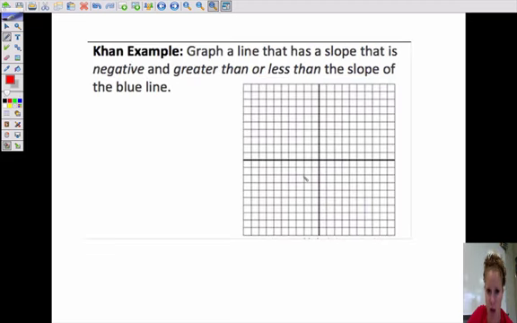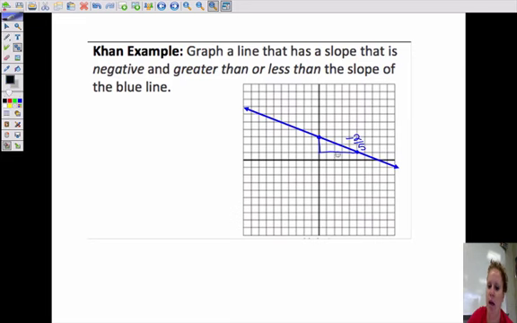It's a little trickier when you have a slope that's negative. So let's start with a blue line, and it's negative. And let's talk about what the slope is of this line. Well, we have a nice point here and a nice point here. So we're going down 2 over 5. So our slope is negative 2/5. Now, a slope that's greater than that, greater just means steeper.